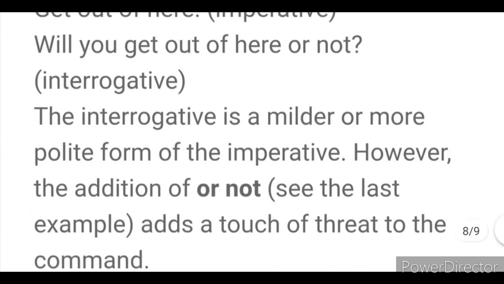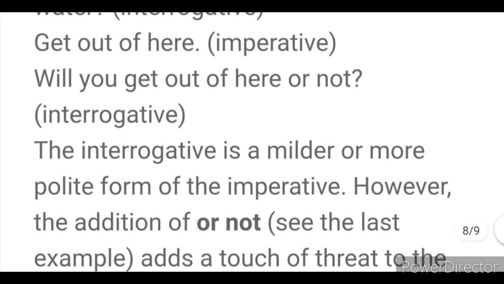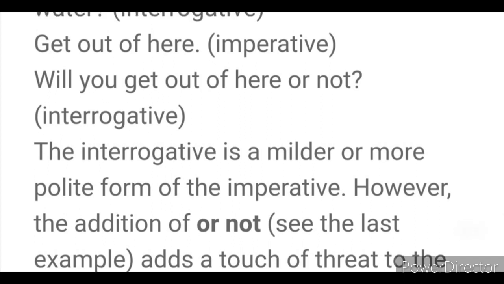However, the addition of or not, see the last example, adds a touch of threat to the command. If you add that or not, then it adds a touch of threat. So that is why I said, if you want to keep it polite, yet you are trying to send somebody out, you can avoid or not. You can simply end with here and put a question mark.